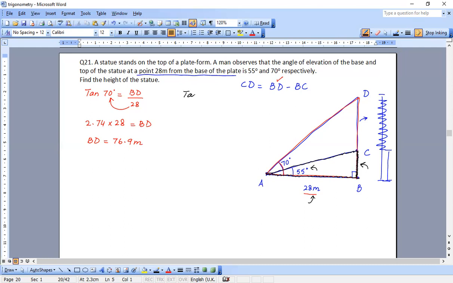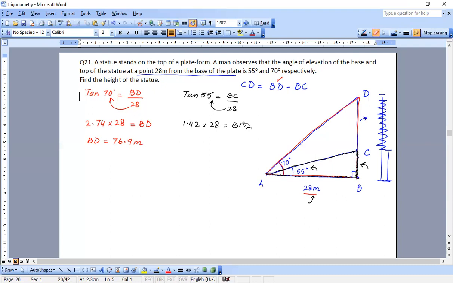I'll use again tangent theta, but this time the angle will be 55, equals opposite over adjacent. Opposite is BC, adjacent is 28. I'll calculate the value of tangent 55, which is 1.42, and 1.42 will be multiplied with 28, and I'll be left with the value of BC.